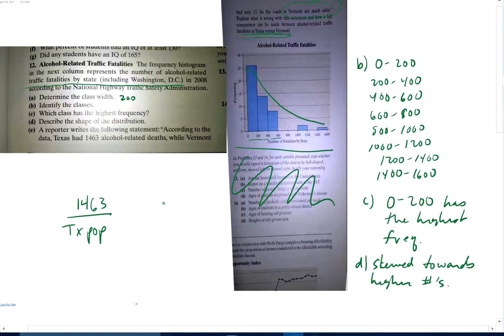How does that compare to, how many in Vermont? 15 out of the Vermont population. Let's compare the percents of fatalities in each of those and see. We might find that in Texas the percentage of fatalities might be 1%, and in Vermont it might be 2%. I don't know, so that's how you would compare those evenly. All right, there you go.